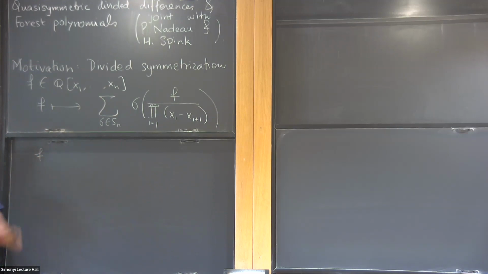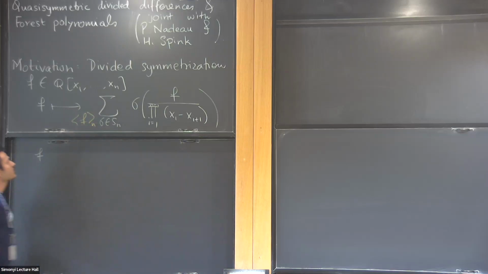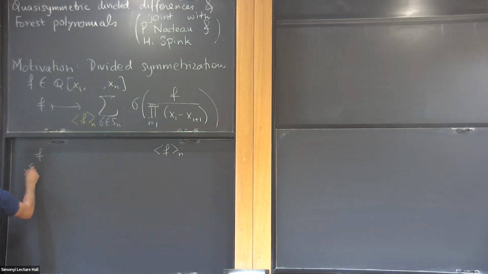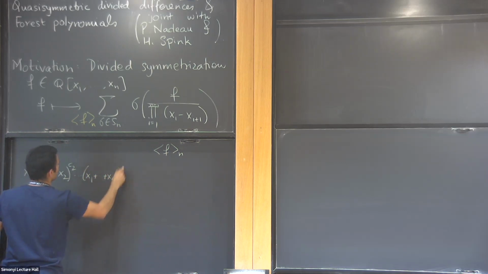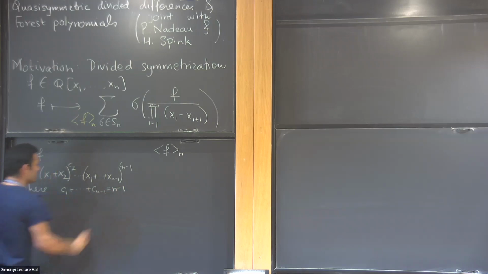So here's a family of polynomials, and let me use shorthand for divided symmetrization. Okay, so here's f, and I'll just record what this quantity encodes. If you feed this machine the polynomial x1 to the c1, x1 plus x2 to the c2, all the way through x1 plus through xn minus 1 to the cn minus 1, where the c's add up to n minus 1, so this is a homogeneous polynomial of degree n-1, what does this encode?